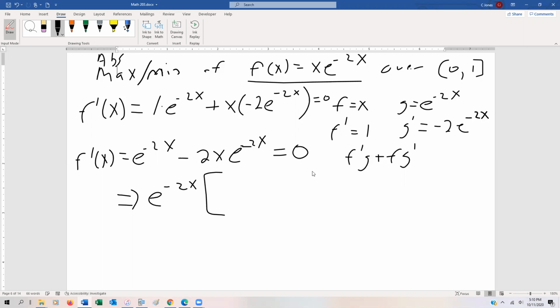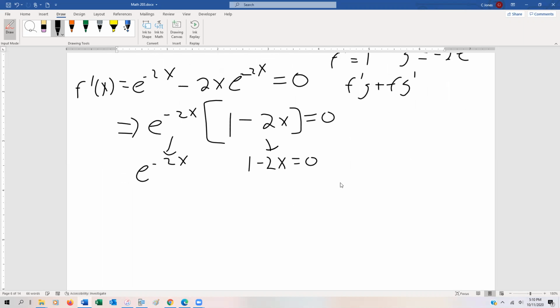We factor e to the minus 2x from e to the minus 2x, that's 1. We factor e to the minus 2x from negative 2x e to the minus 2x, that's just a minus 2x. Now we're going to set both of these equal to 0. And once we do that, then we're going to try to find our critical values.